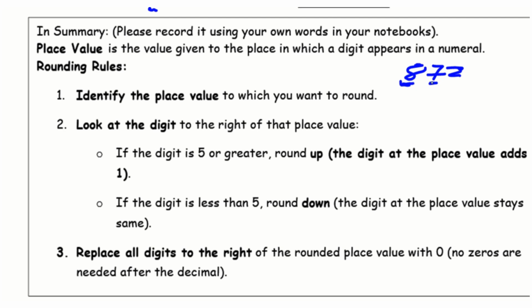The 7 is greater than 5, then we add 1 to 8. So if we round to hundreds, it will be 900 for 872. And you could also compare whether this number is close to 800 or 900. 872 is close to 900, so it makes sense.